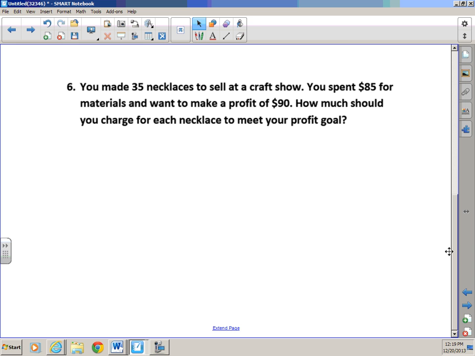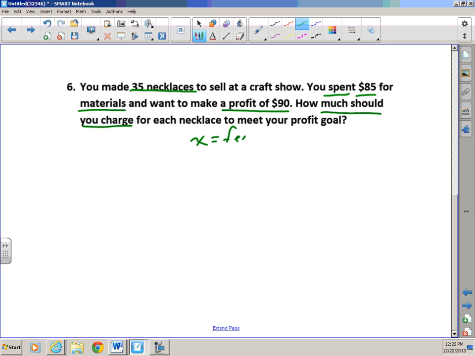All right, you made 35 necklaces at a craft show. You spent 85 for materials, and you want to make a profit of 90. How much should you charge? All right, so X is the fee charged for the necklaces.